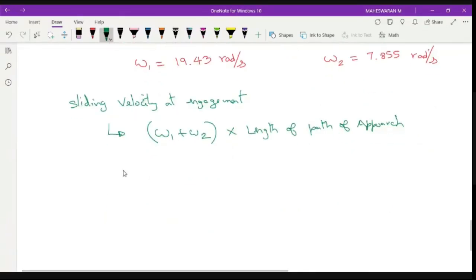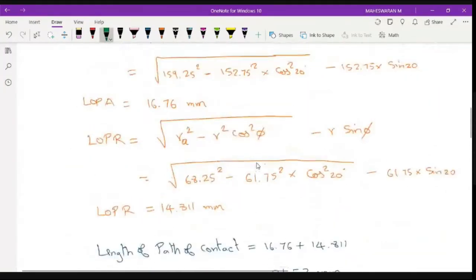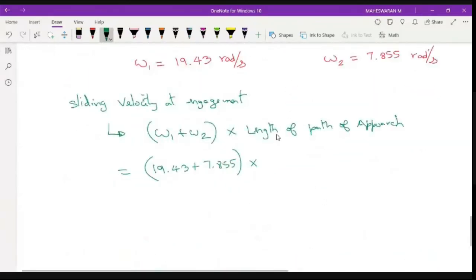So this is equal to omega 1, 19.43, plus omega 2, 7.855, into the length of path of approach. Your length of path of approach is 16.75, so just multiply with 16.75. What will we get?